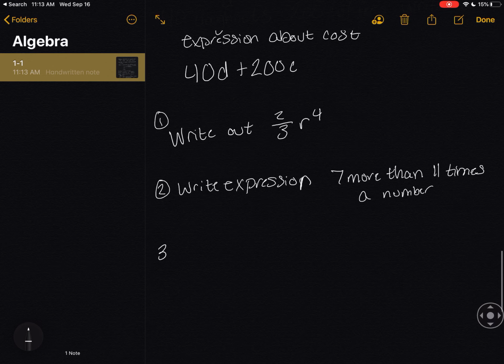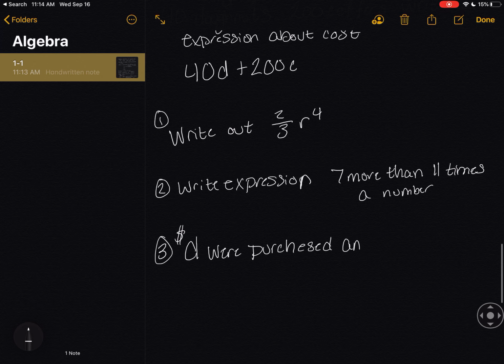And finally, if some groceries were purchased and a $50 bill was used, write an expression for the amount of change. Okay, so D dollars were purchased, and a 50 was given.